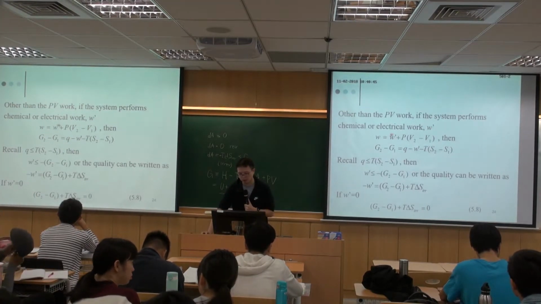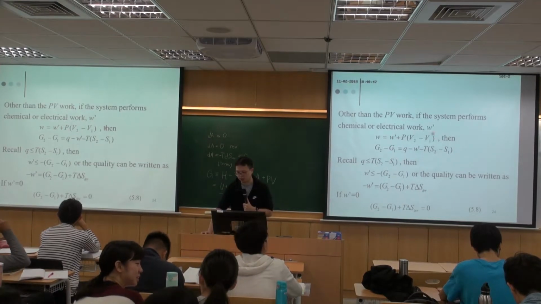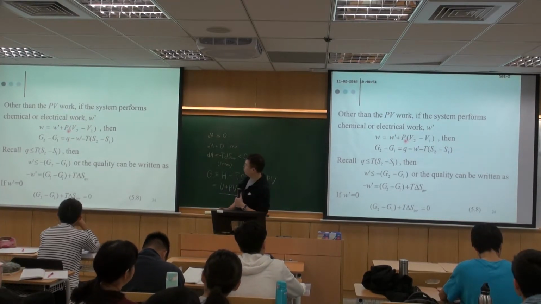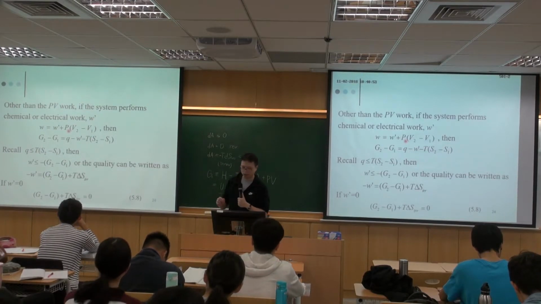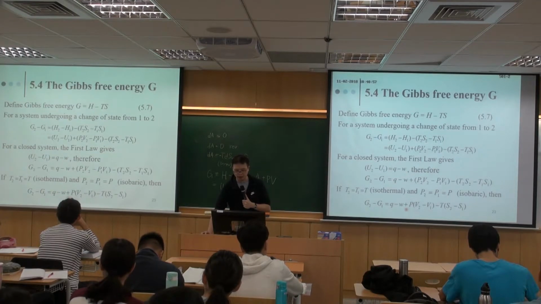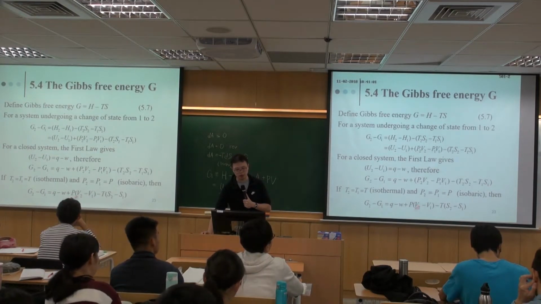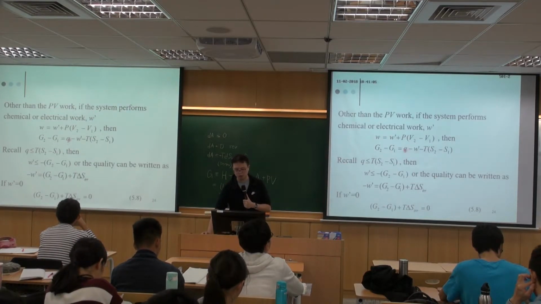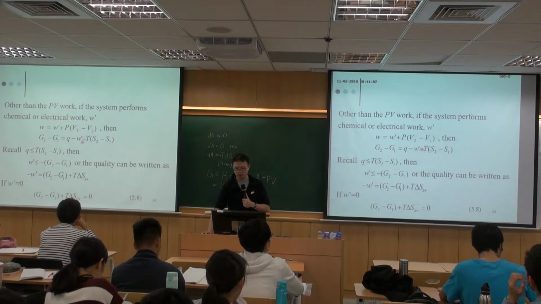Therefore, the total work is W prime plus the PV work. In short, you can simplify the expression we just saw by combining these two terms together, and then you are left with Q minus W prime over here.